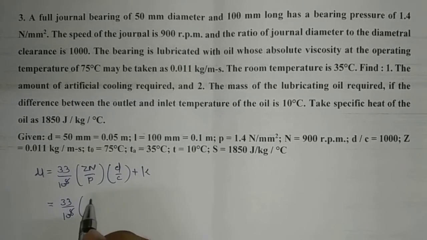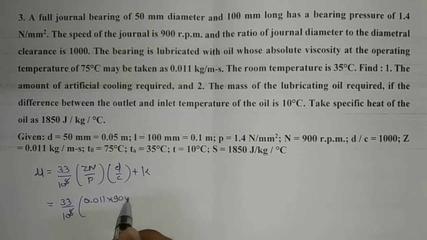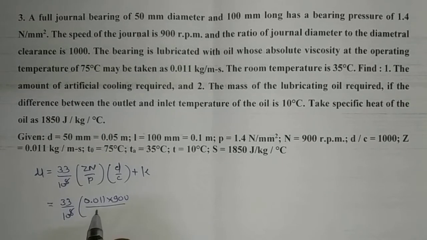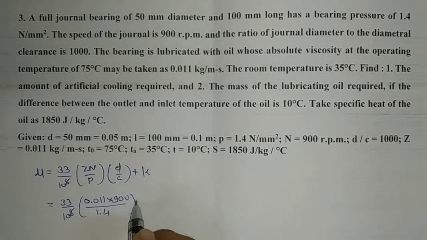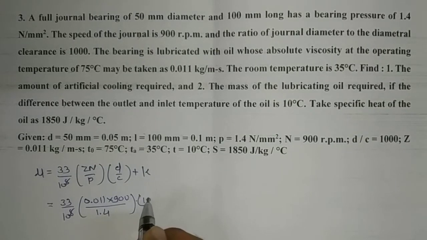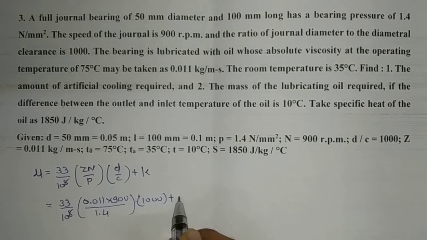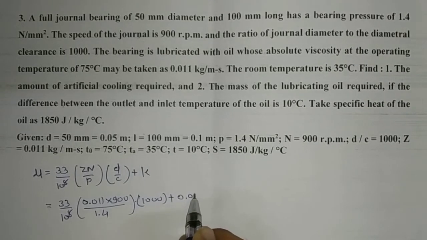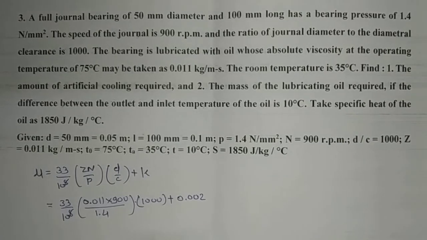So 33 by 10 raised to 8, viscosity Z is equal to 0.011, speed N is equal to 900 rpm, pressure P is equal to 1.4. Then D by C is equal to 1000, and value of K, generally we take, 0.002.